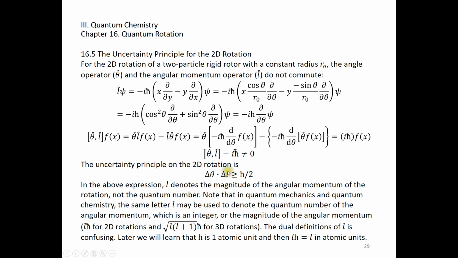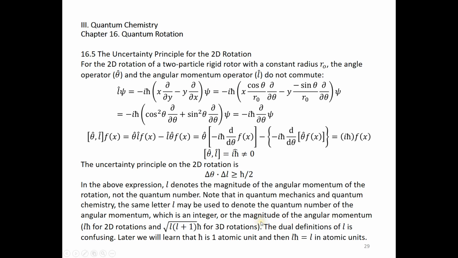So over here, this L is in terms of h-bar. Note that in quantum mechanics and quantum chemistry, we use the same letter l to denote the quantum number of the angular momentum, which is an integer, and also the magnitude of the angular momentum itself, which has a unit of joule times second.